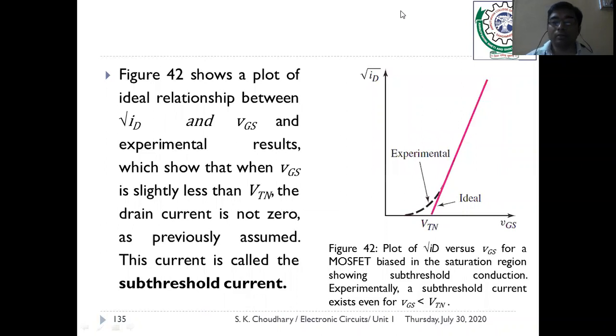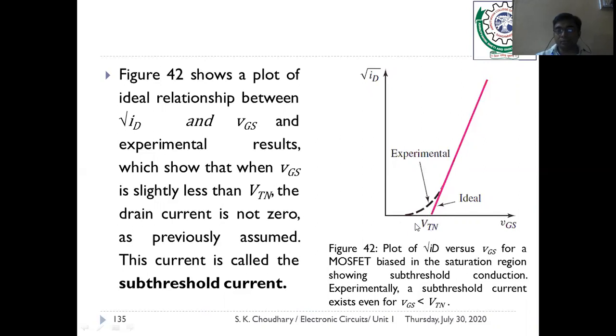Now let us understand this statement with the help of this graph. In figure 42, the graph is plotted between the square root of the current ID and VGS. You can consider it a transfer characteristic of the MOSFET, biased in the saturation region. Initially VGS is less than the threshold voltage, so the MOSFET is turned off.